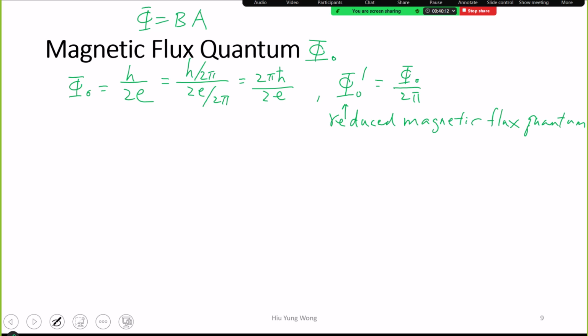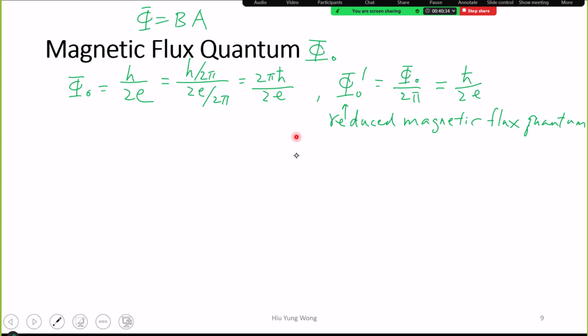Yeah, like what you said. So it equals h bar divided by 2e, because this guy divided by 2 pi is h bar divided by 2e.